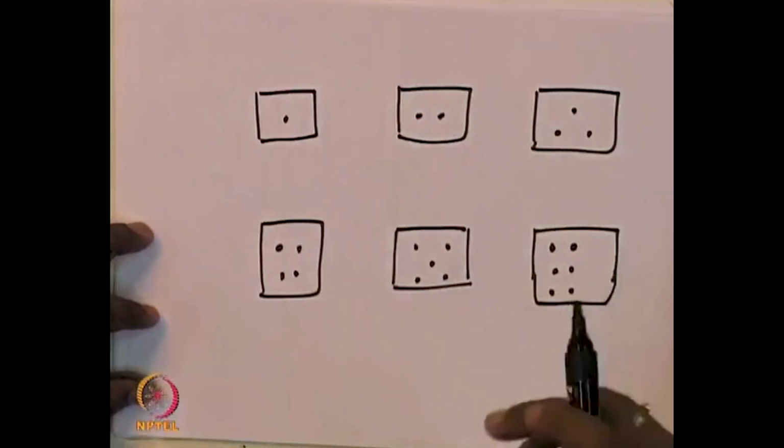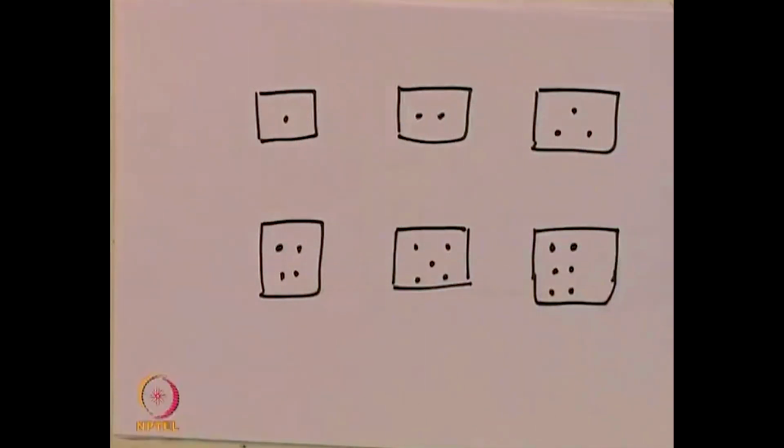Now, if you throw this die, and when it falls down, you look at which side is coming up, you will see that there is equal probability for all of these to come. If you throw the die 1000 times, there are 6 outcomes.